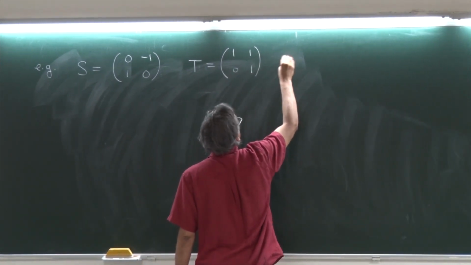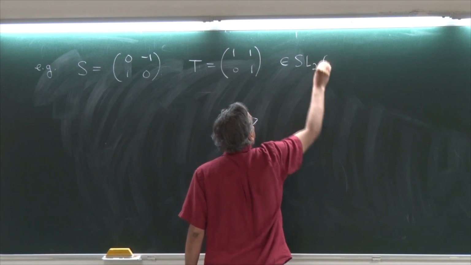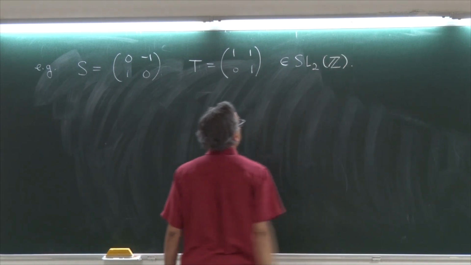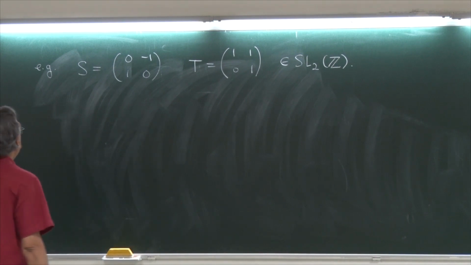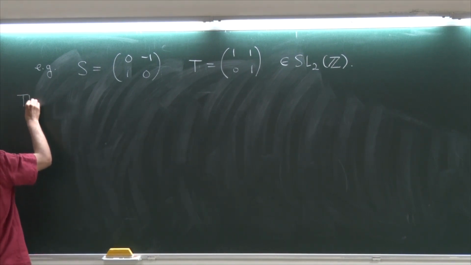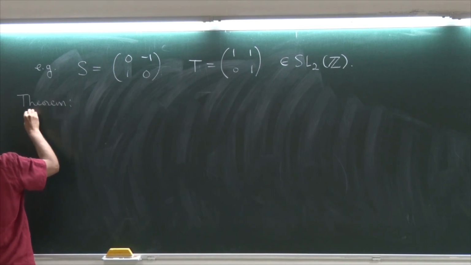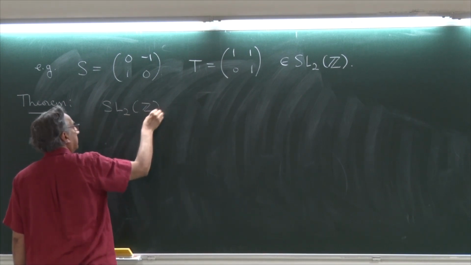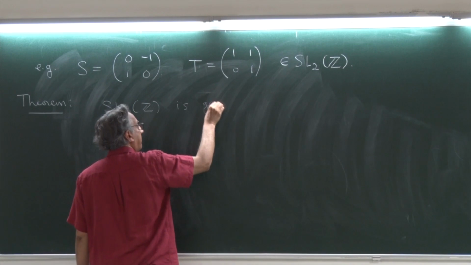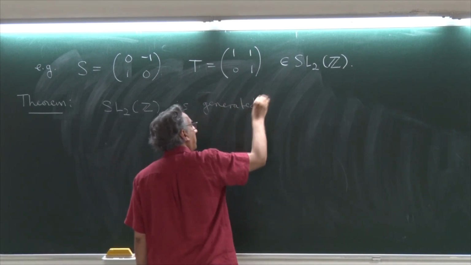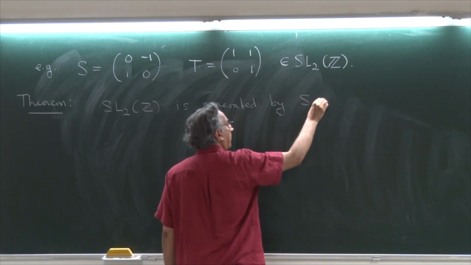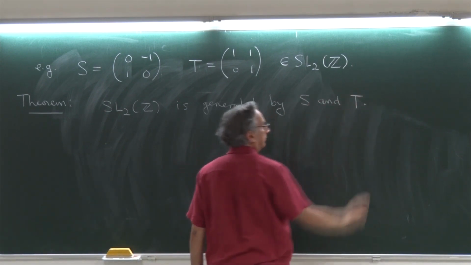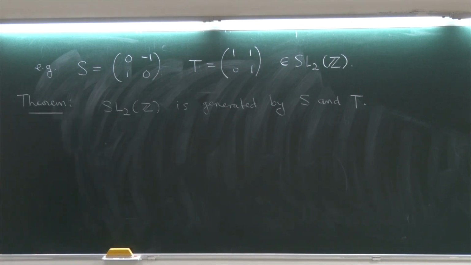These are both elements of SL2Z. And the theorem that I'd like to start by proving is that SL2Z is generated by S and T. So, nice description: all elements of the group are words in the alphabet S and T.